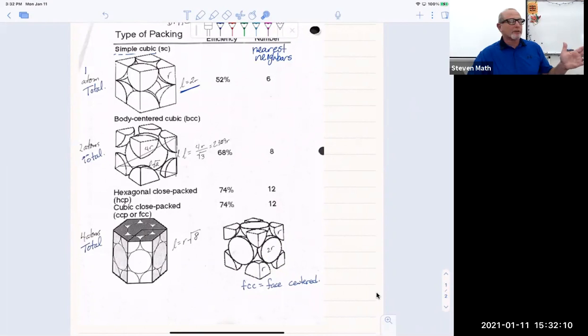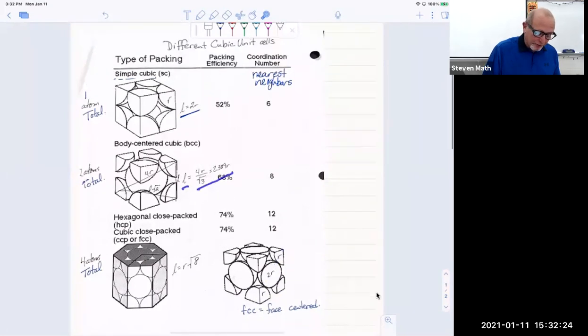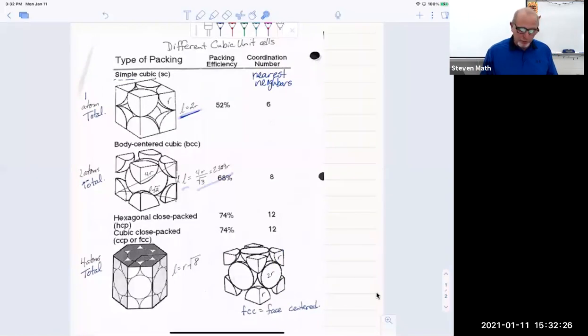You don't need to understand the derivation. Just understand that for face-centered cubic, L is R radical 8. For body-centered cubic, L is 4R over radical 3. And for simple cubic, L equals 2R. All right, that's unit cell basics.